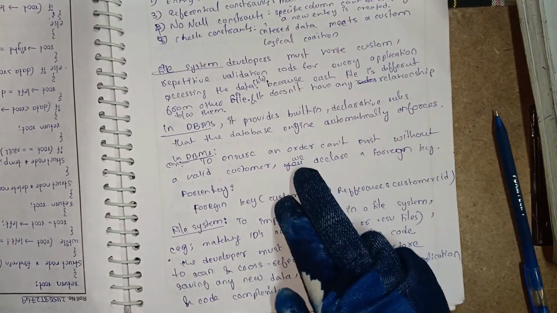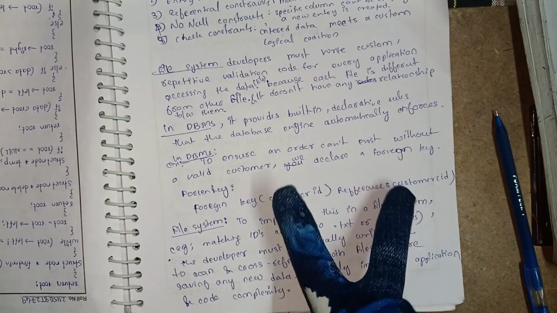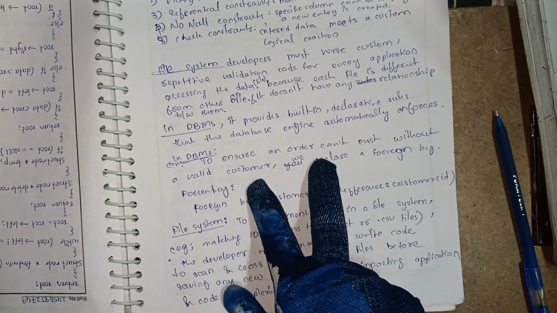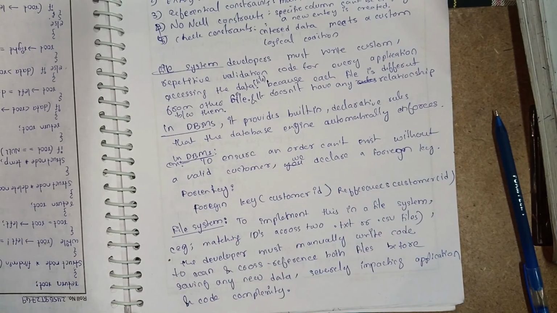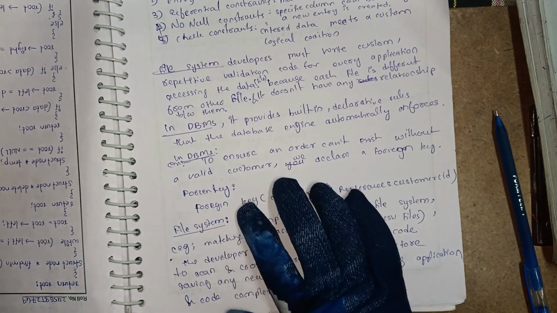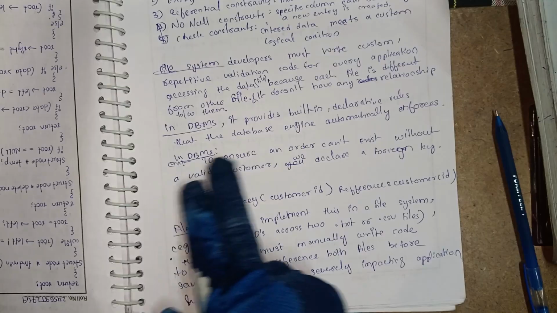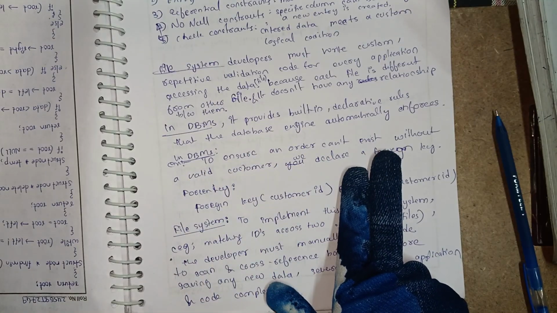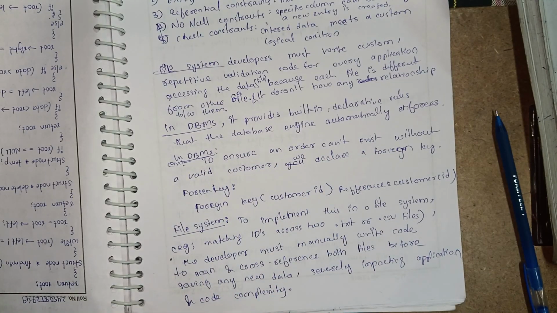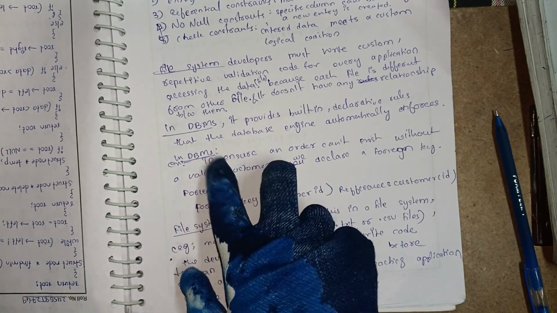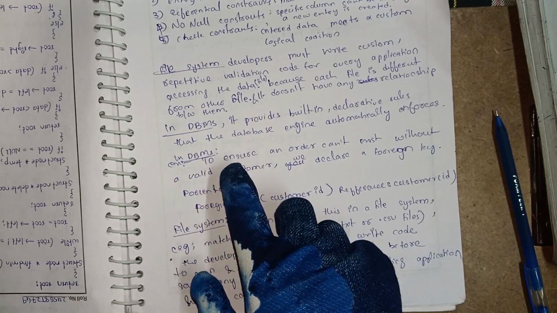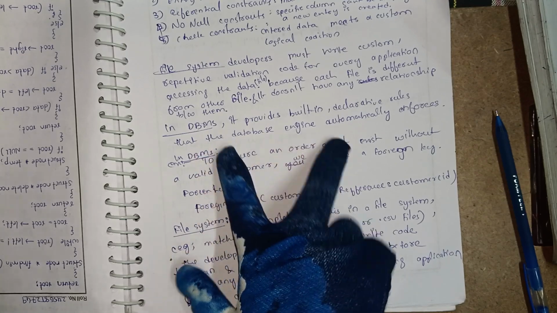Here in the DBMS, consider two tables, one has a primary key and second has a foreign key. These columns have the same values in both tables.